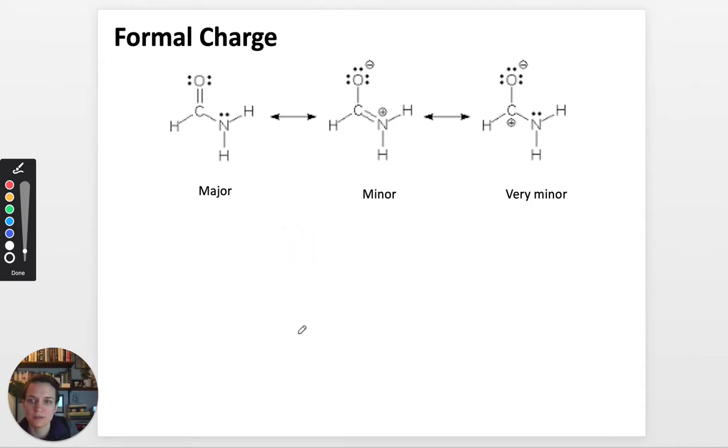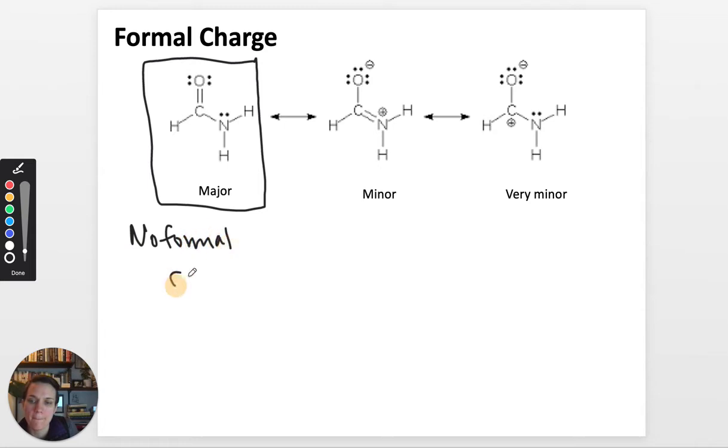I do the same thing for my oxygen. Right? Oxygen's valence electrons is 6. Here it is 1, 2, 3, 4, 5, 6. That is 6 valence electrons. 6 minus 6 is 0, so it has no formal charge. So this molecule has no formal charge, which is really cool.